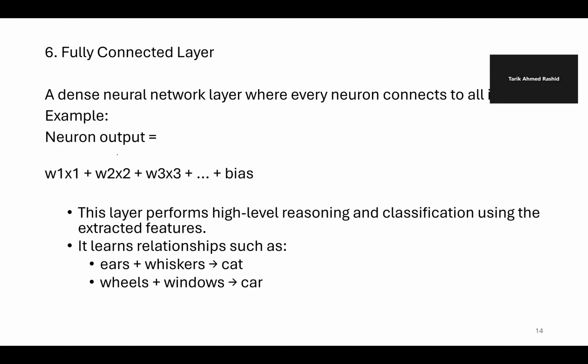Fully connected layer, this is a dense neural network layer where neurons connect to all neurons. Neuron output is sigma of input multiplied by its weight: W1 times X1, W2 times X2, W3 times X3, and so on and so forth, plus the bias. And by the way, bias will prevent the output from being 0.